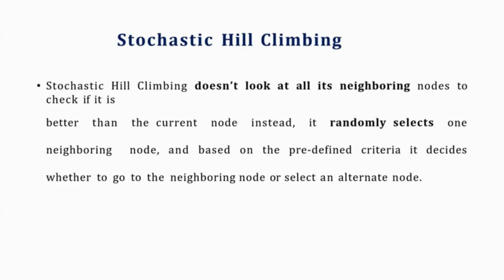Overall, this version introduces randomness instead of always picking the best neighbor. It randomly selects one of the neighbors that are better than the current state. This can sometimes help escape minor local optima by taking a slightly less optimal but still improving path.